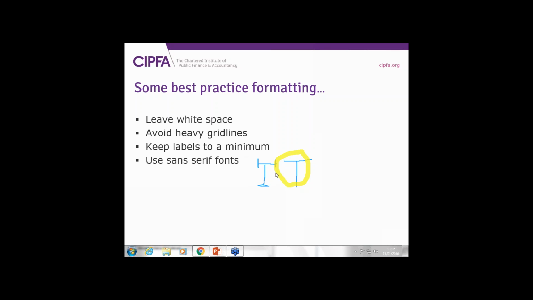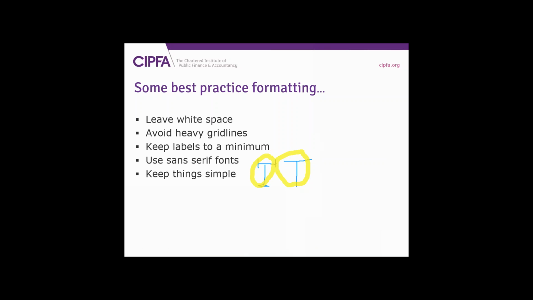Studies, and I'm never sure where these studies come from, have shown that serif fonts, the ones with the twiddly bits, are actually easier to read when you're doing continuous text. So by all means use Times New Roman when you're writing a report, but when you drop in a table or a graph, just switch that round and use the sans serif fonts.